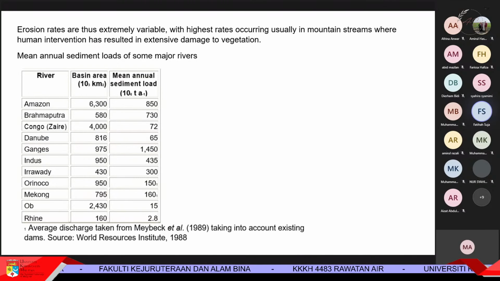When you discuss the location, you can take that river and compare with these major rivers in the world. You can also calculate based on the turbidity of the river to compare with other great rivers.